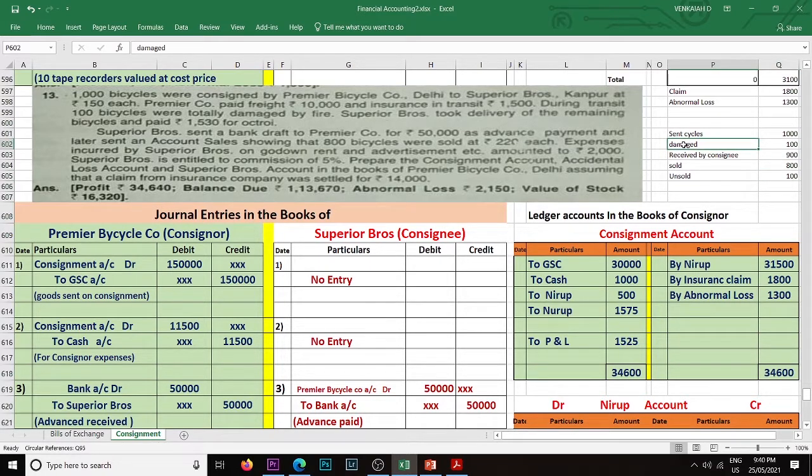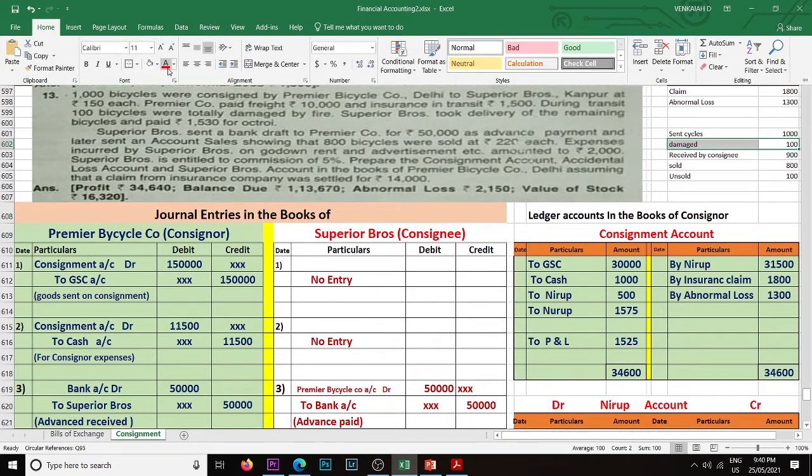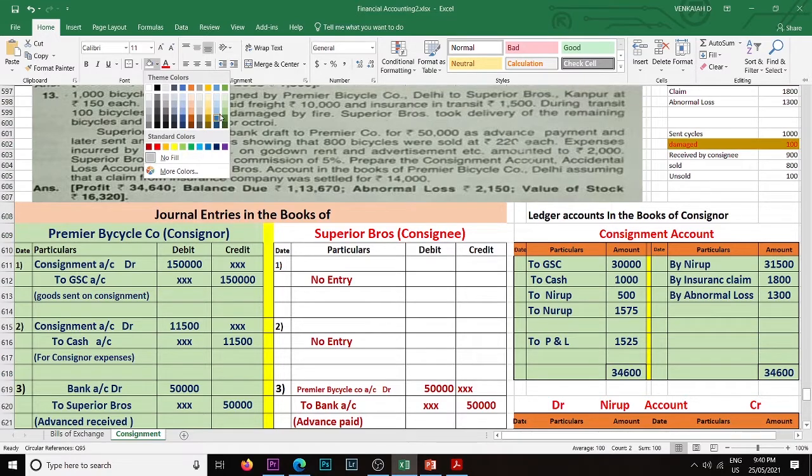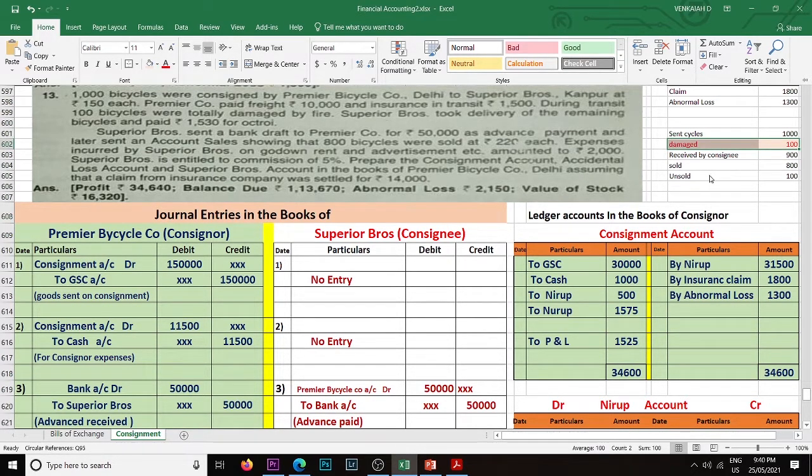Okay? So we have to calculate the value of damaged goods and unsold goods. Damaged are how many? 100. And unsold is 100.